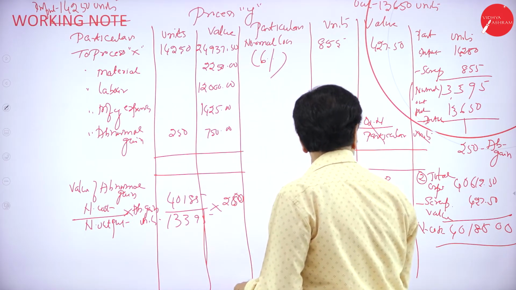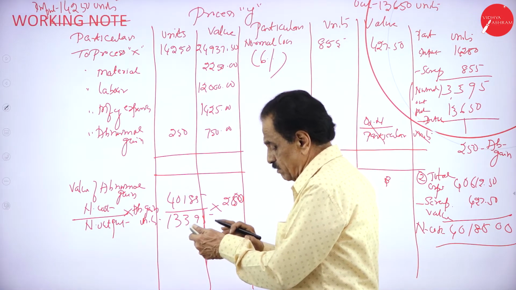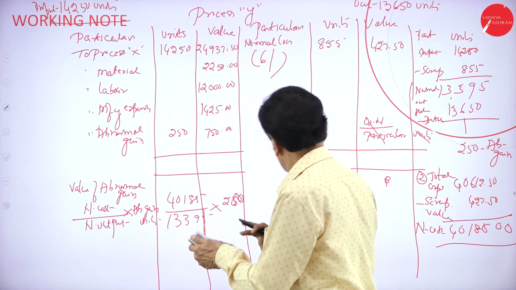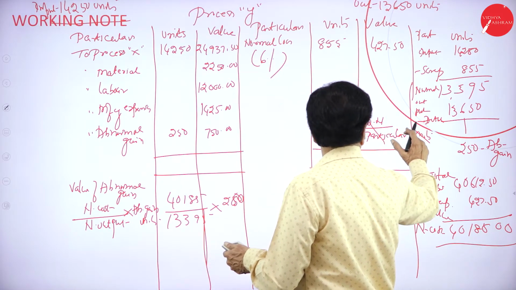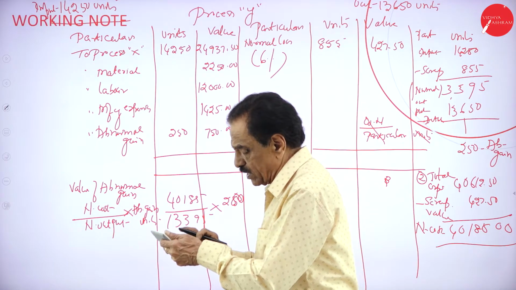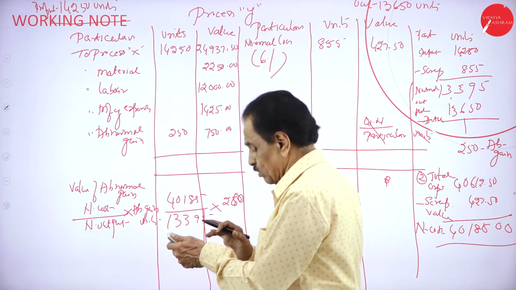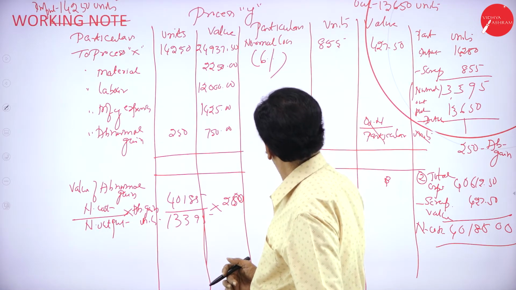What's your normal cost? Total normal cost is 40,185 divided by normal output 13,395 into 250. 750 will come.